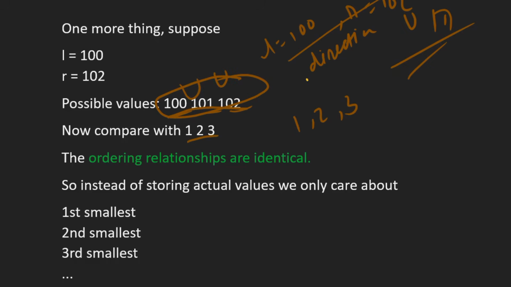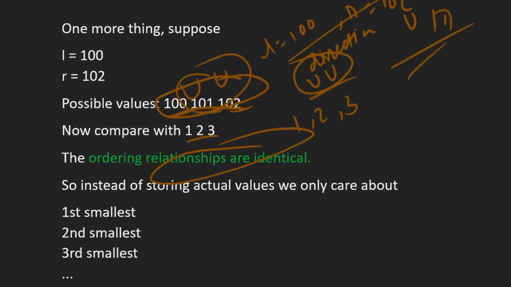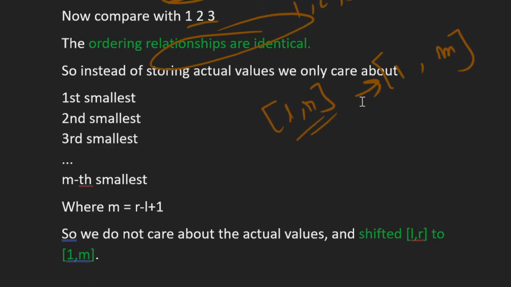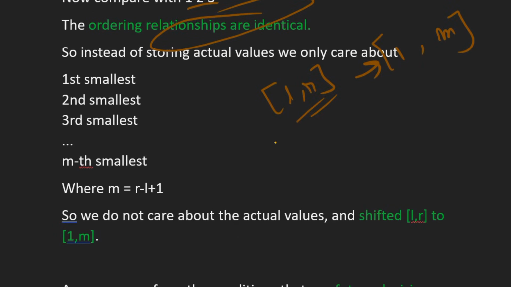So the direction relationships are the same. So no matter what the elements in our range are, we shift the range from L to R to 1 to M, where M is R minus L plus 1.